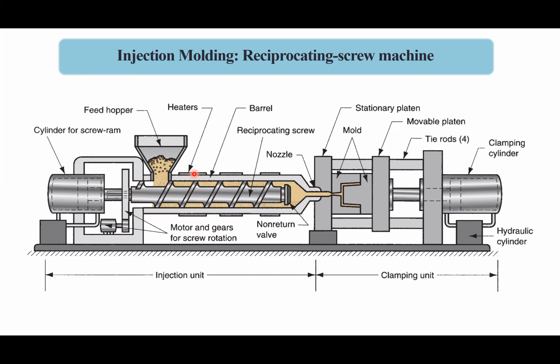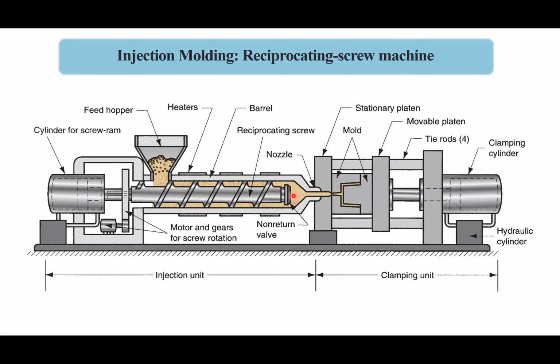And there are some heaters. Sometimes there are four heaters attached outside the barrel of the screw. The first one is called the preheating element. This heater does the preheating of the material, and then it propagates. When the material reaches the second one, it gets heated again and gets molten, and then, to maintain the temperature, some more heaters are placed along the travel direction of the material. And at the end of the screw, there is a valve. We call it a non-return valve.